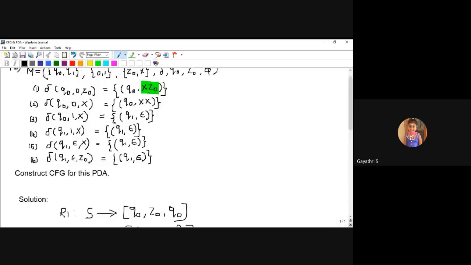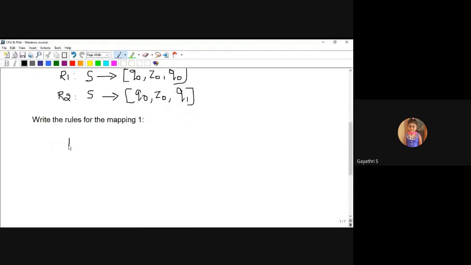So the possibility to write the rule for this first mapping is 4. Okay, so you are going to write four rules. Rule number 3, rule number 4, 5, 6. Okay, first rule number 3.